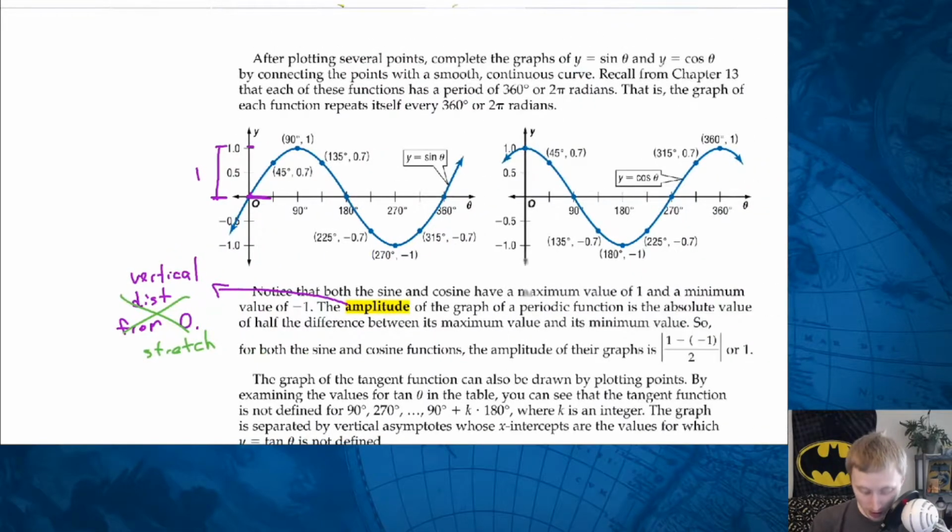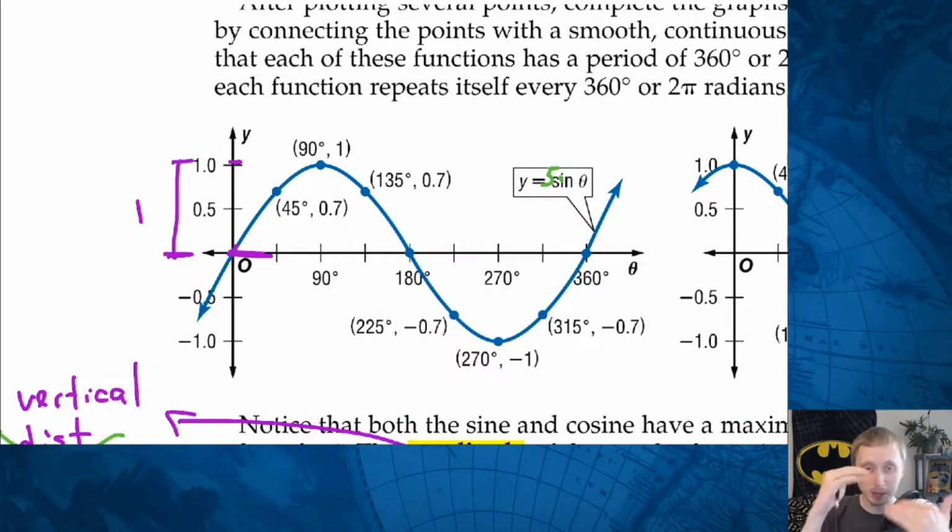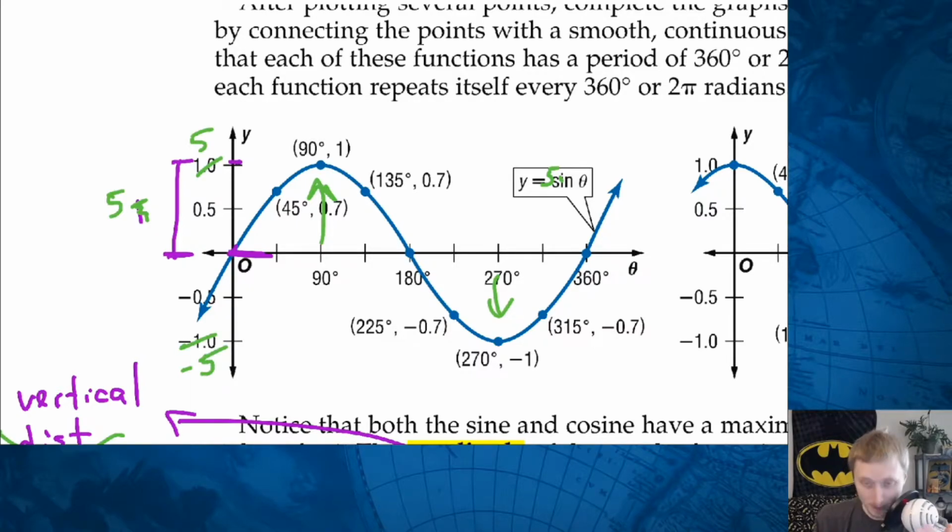So if you create y equals 5 times sine of theta, then you're just going to make all of the y values 5 times bigger. You're going to stretch the whole thing up and down, and this will no longer be 1 high, it will be 5 high. This will go to 5, and it'll go all the way down to -5. That's going to affect your amplitude.